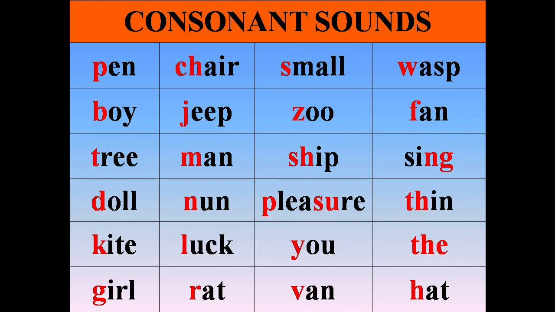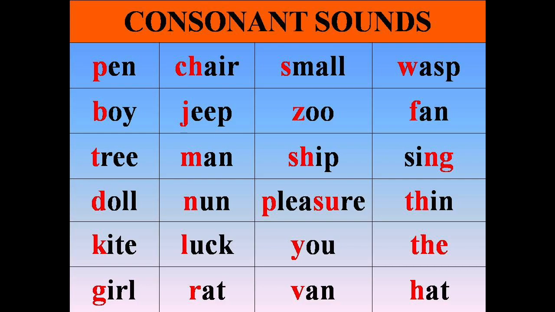Here are the consonant sounds: p, b, t, d, k, g, ch, j, m, n, l, r, s, z, sh, y, v, f, ng, th, h.